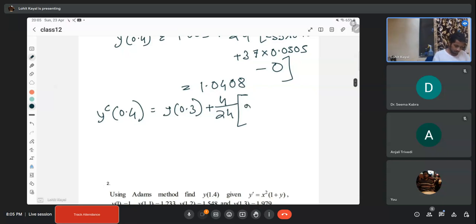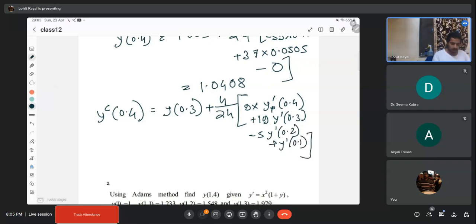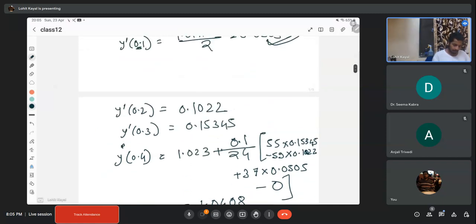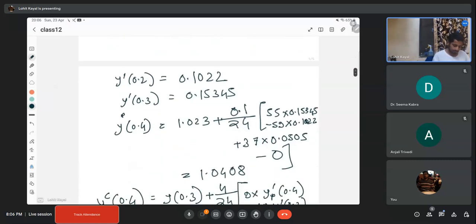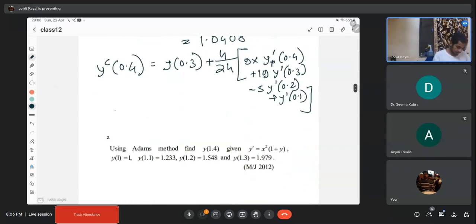So it will be 9 into y prime yp 0.4 plus 19 y prime 0.3 minus 5 into y prime 0.2 plus y prime of 0.1. Remember that in the corrector term it doesn't end with yn minus 3, it ends with yn minus 2. Okay, so the answer will be 1.023 plus 0.1 by 24.